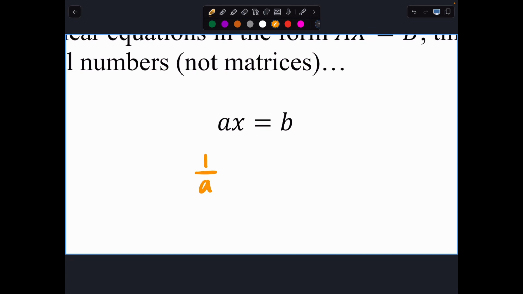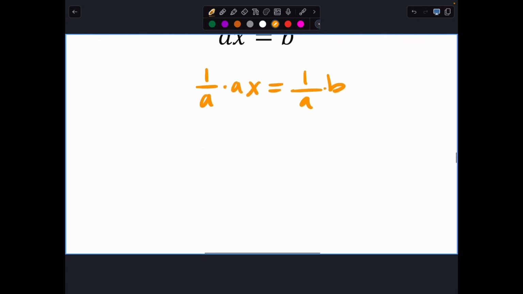So if we did 1 over A times X equals 1 over A times B, that's the same as A to the negative first times A times X equals A to the negative first times B. And that's because A to the negative first is A's multiplicative inverse, meaning A to the negative first times A is equal to 1.